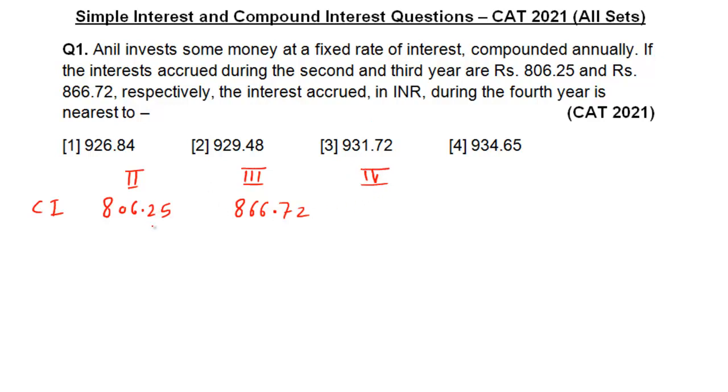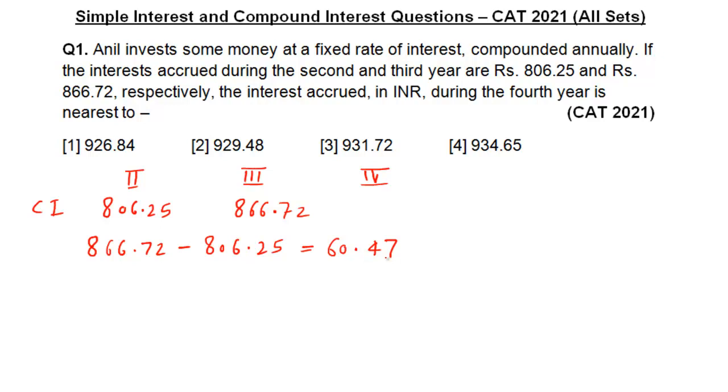So basically, first thing that you need to understand is the difference between these two. If you subtract this interest from the third one, we will get 866.72 minus 806.25, so that is basically 60.47.